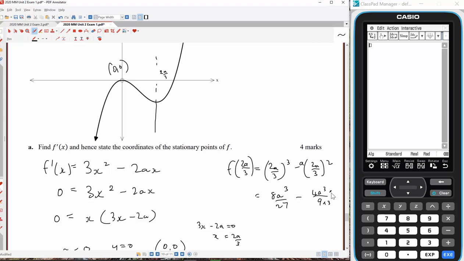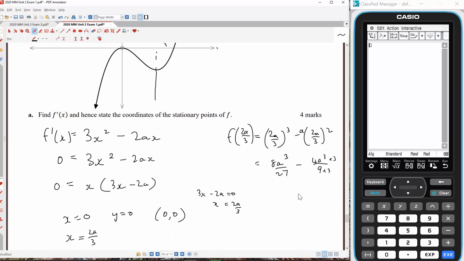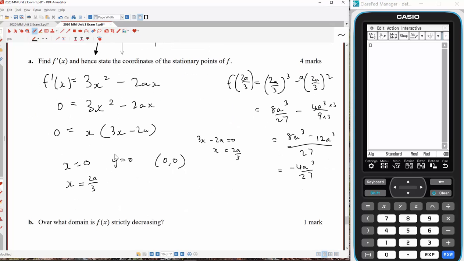Now times 3 times 3 equals 8a cubed take away 12a cubed all over 27. It's negative 4a cubed all over 27. Yeah, sounds about right.